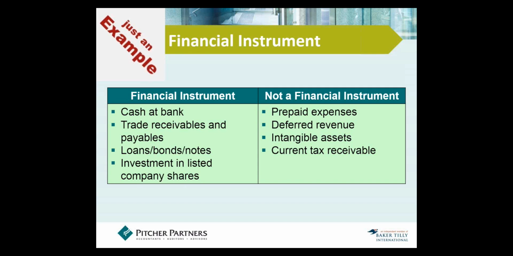Prepaid expenses are assets for which the future economic benefit is the receipt of goods or services. So if I've prepaid certain expenses, in future I'm going to receive goods or services. It's not a right to receive cash in future, and therefore it's not a financial asset.